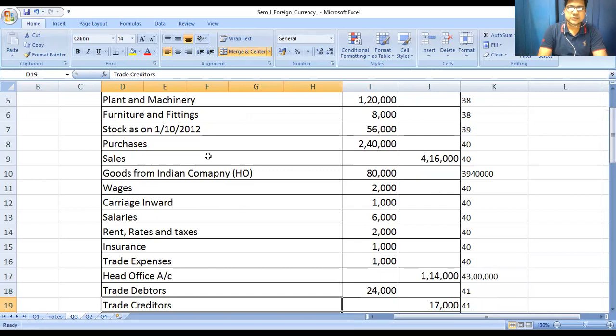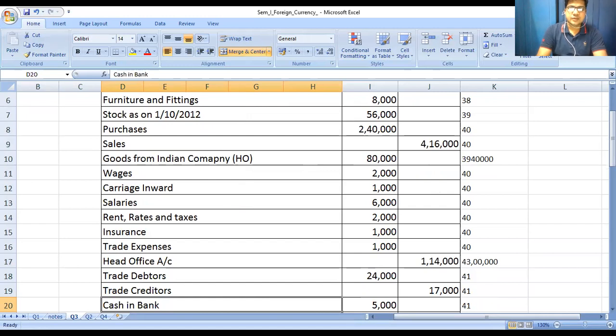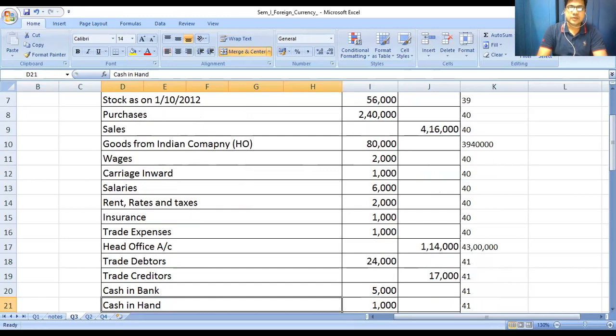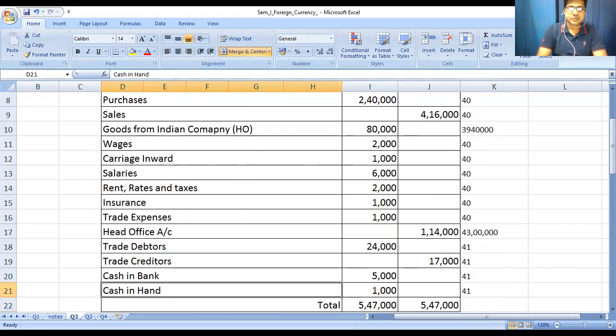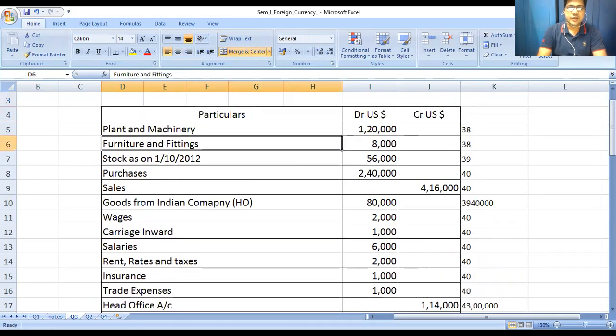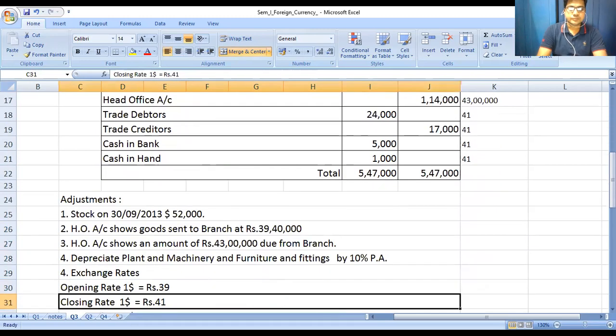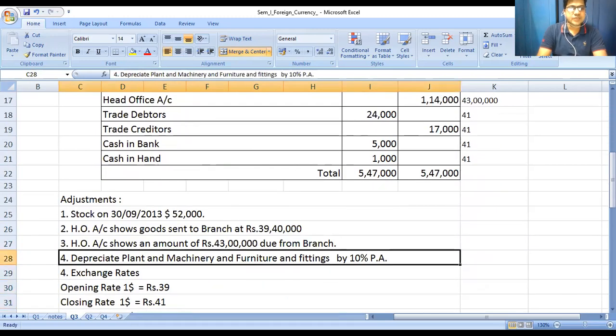Trade creditors: balance sheet liability side. Cash in bank: balance sheet asset side. Cash in hand: balance sheet asset side. See friends, we studied all the trial balance items. Depreciation we will do after conversion.